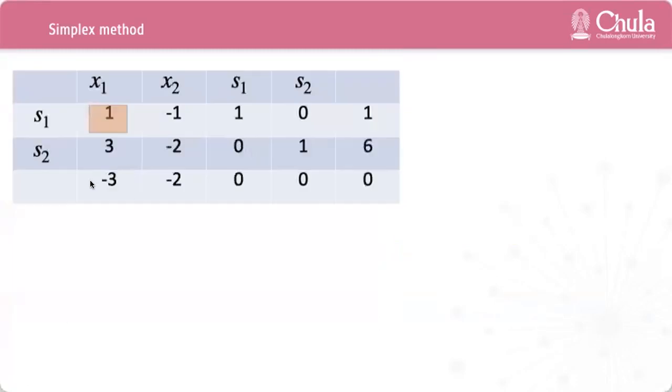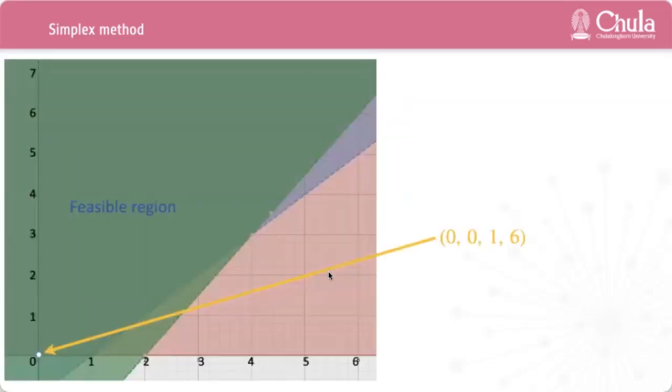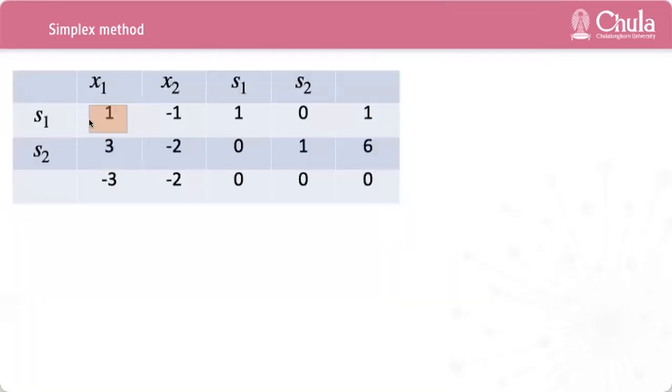And you see that the algorithm suggests us to add x1 as our basic variable. So we add this to our basic variables, and then we have to remove one variable from the original basic variables.